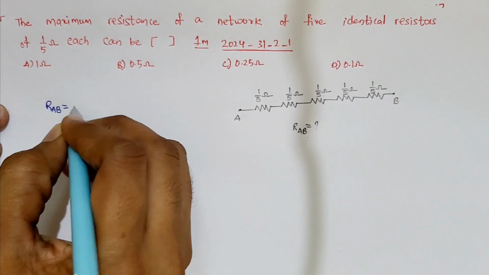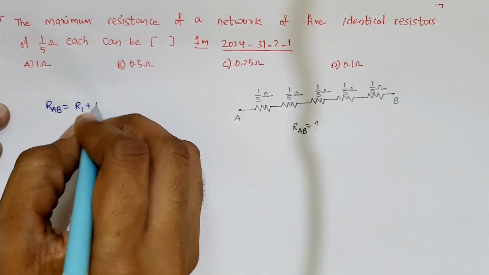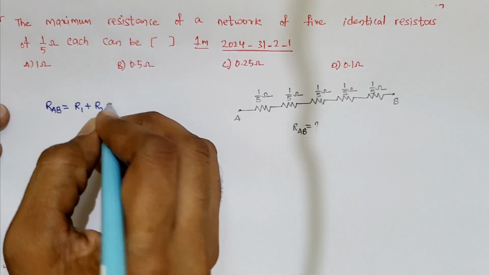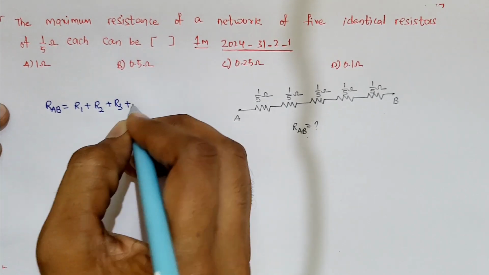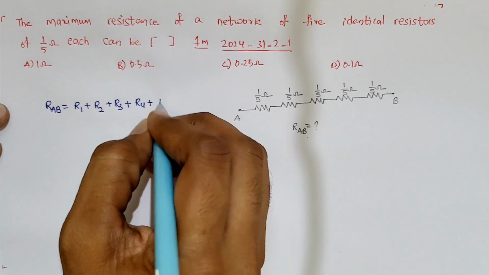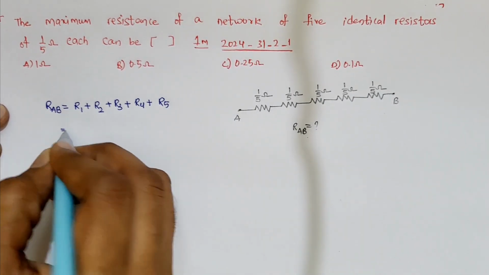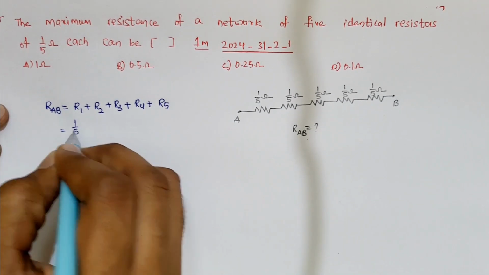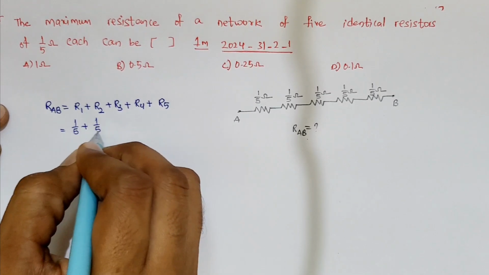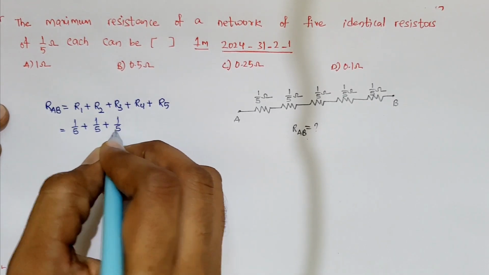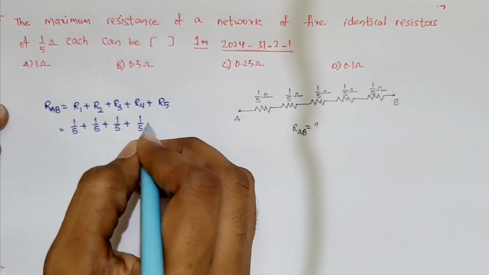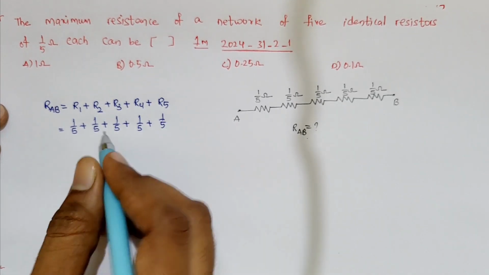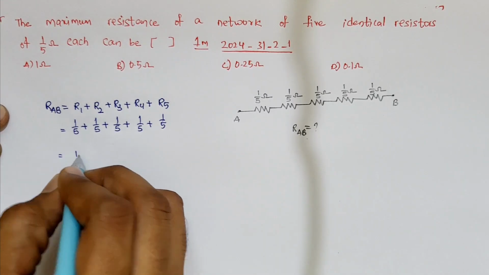In series connection, RAB will be equal to R1 plus R2 plus R3 plus R4 plus R5. So, that will be equal to 1/5. R1, R2 all have the same value 1/5. So, if we add 1/5, 5 times, we are going to get 1 ohm.